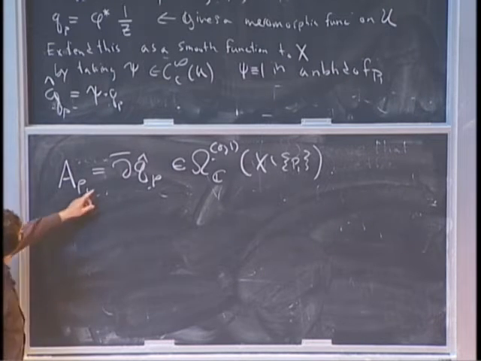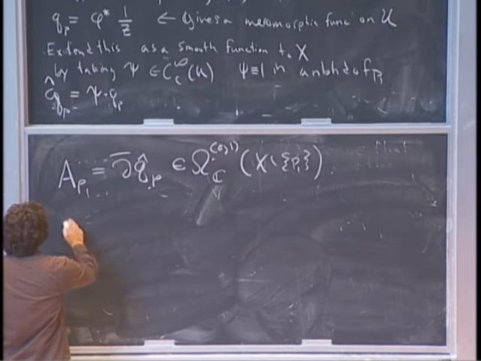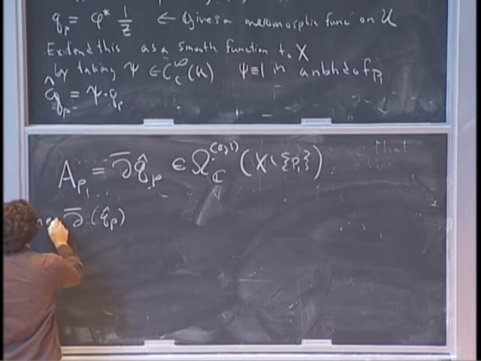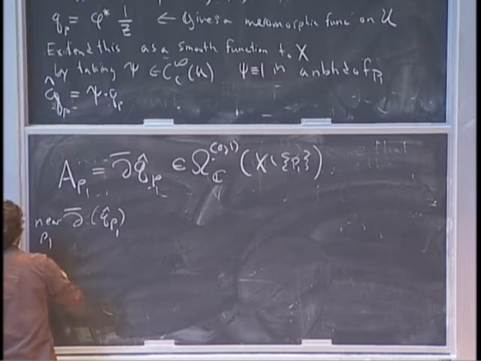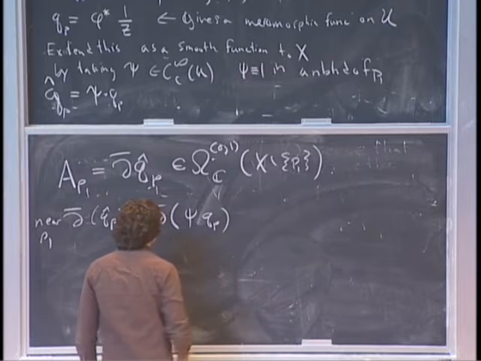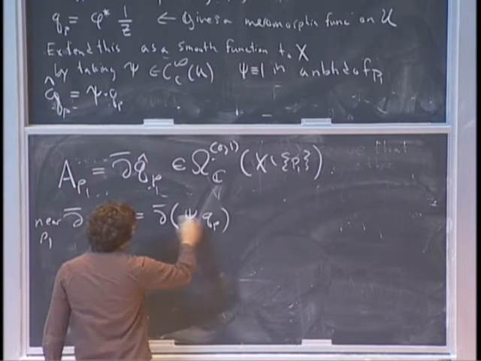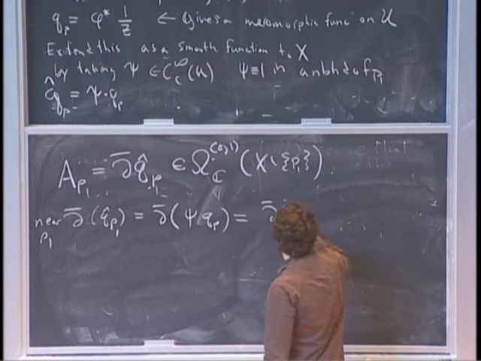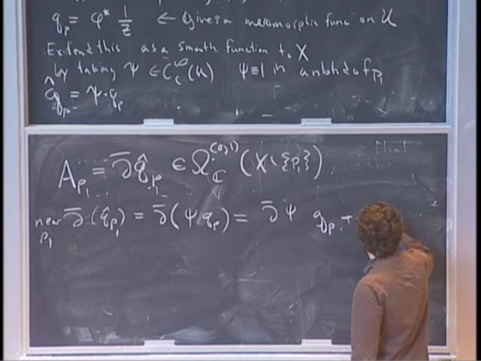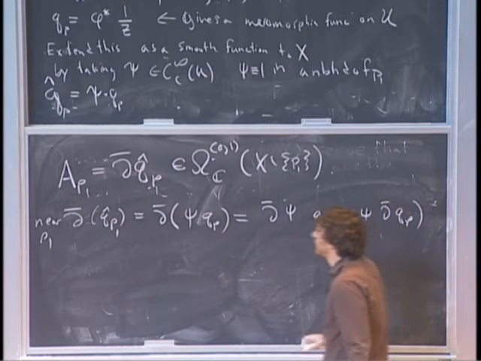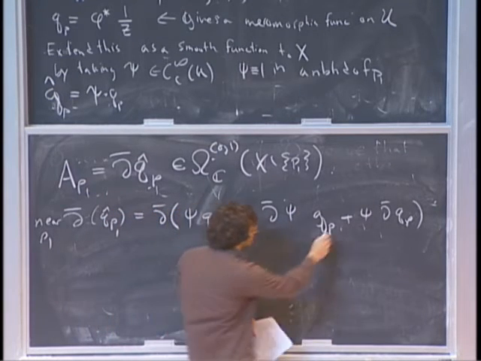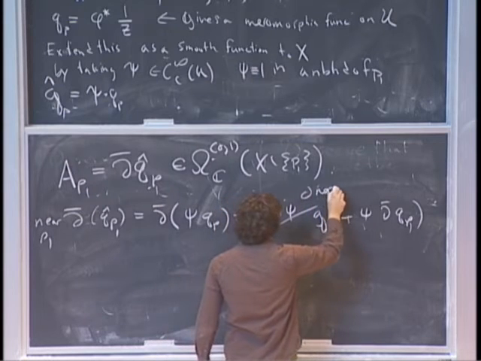Okay, and in fact, if you look at how del bar acts near P1, del bar of Q hat of P is equal to del bar of psi Q of P. We have a Leibniz rule, so this is del bar psi Q of P plus psi del bar Q of P. Here the psi is constant near P1, so this is actually 0 near P1.